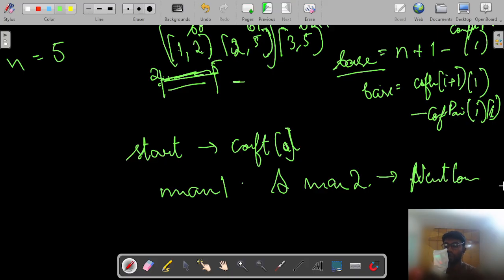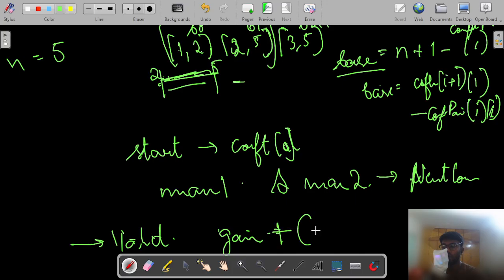Next lowest boundary, we can calculate what are the valid subarrays such that we can say max 1 minus max 2 into base. So this would be our formula.